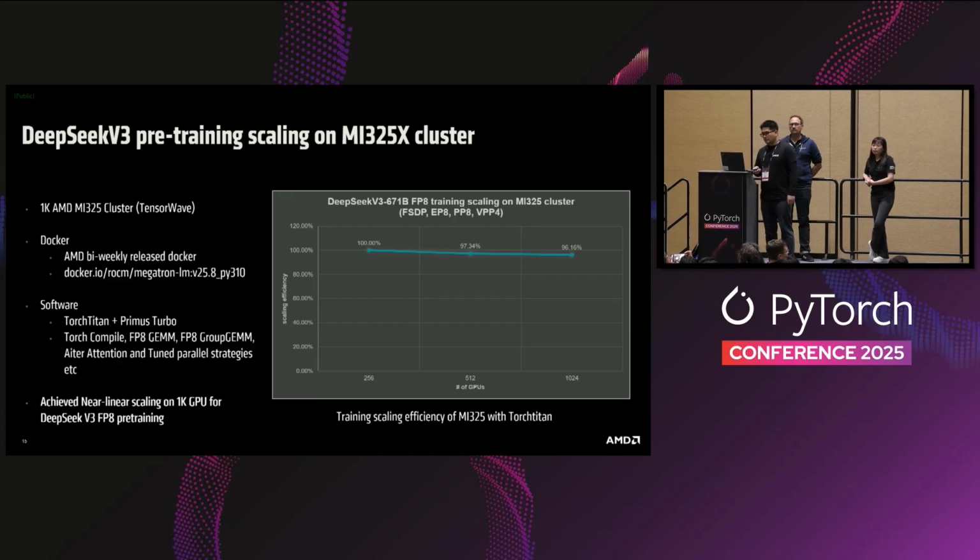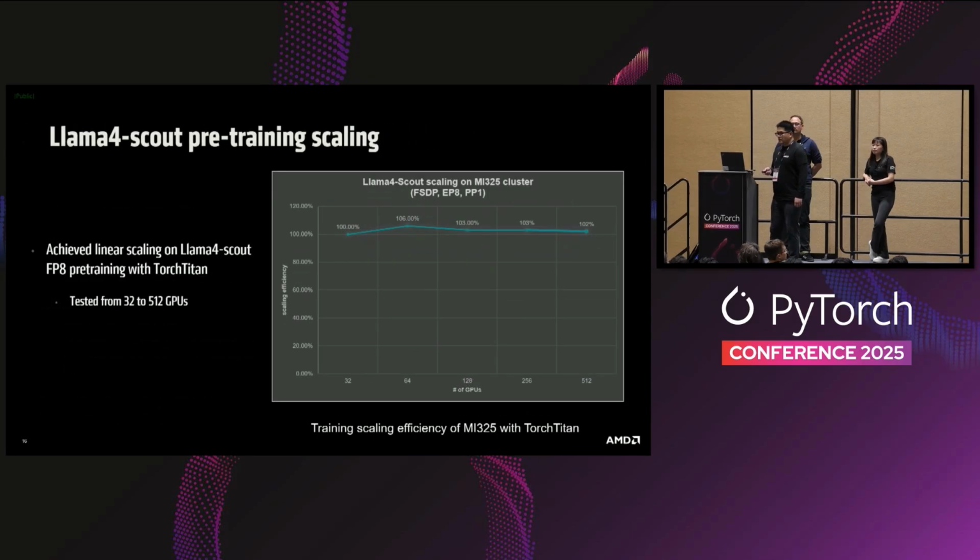I want to mention that the parallel strategy we use here is FSDP plus EP and PP and VPP. We also tested another MoE model, Llama 4 Scout. This model is relatively smaller than DeepSeek V3, but still we can achieve very good linear scaling on this MoE training.